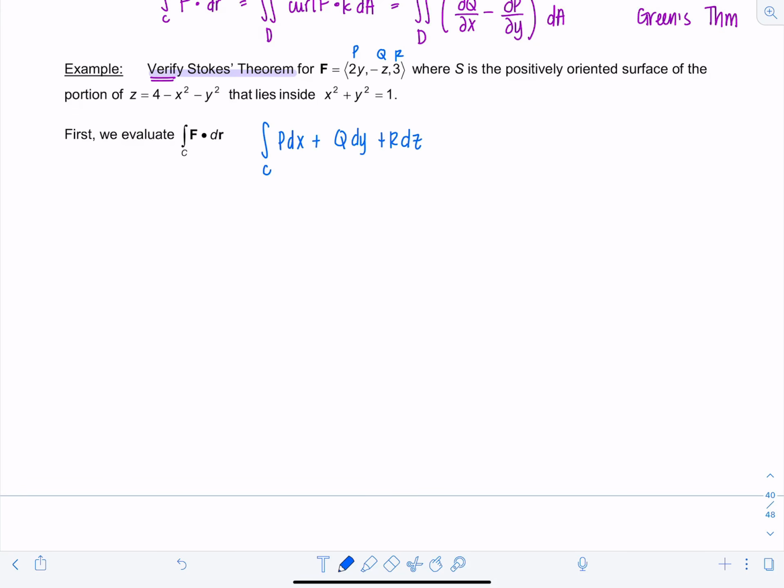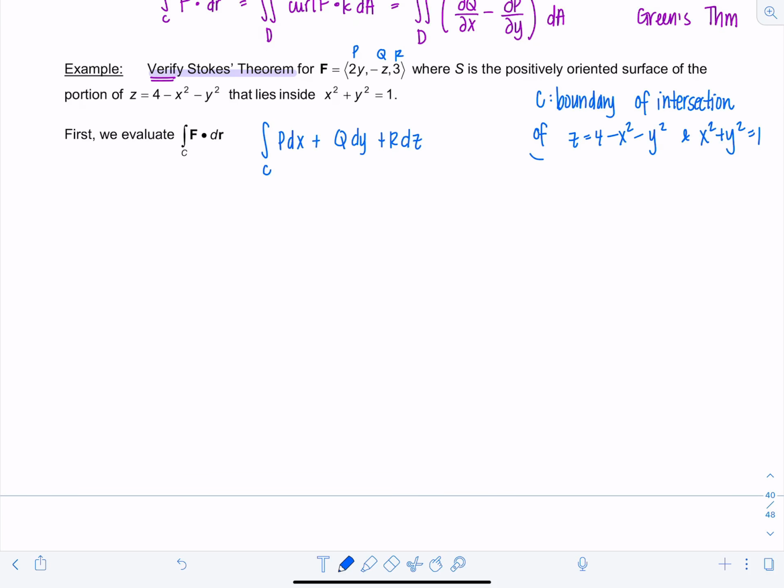Now I need to know what the boundary is of the intersection of the two surfaces that are given here. Okay, so C is going to be the boundary of the intersection of z equals 4 minus x squared minus y squared and x squared plus y squared equals 1.